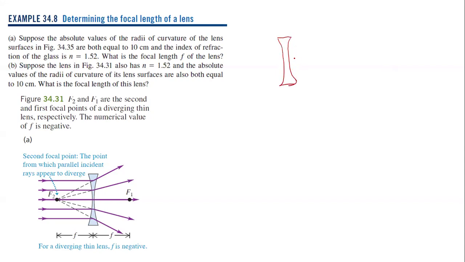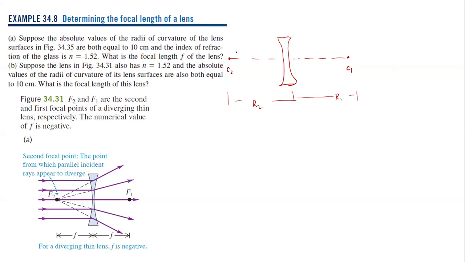So for example, this is our C1 and this is our C2, and it has a radius R1 and radius R2.